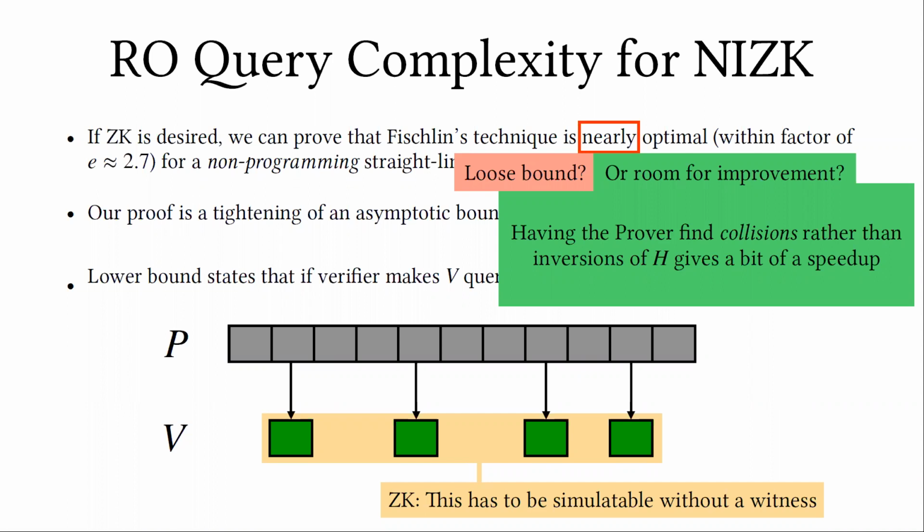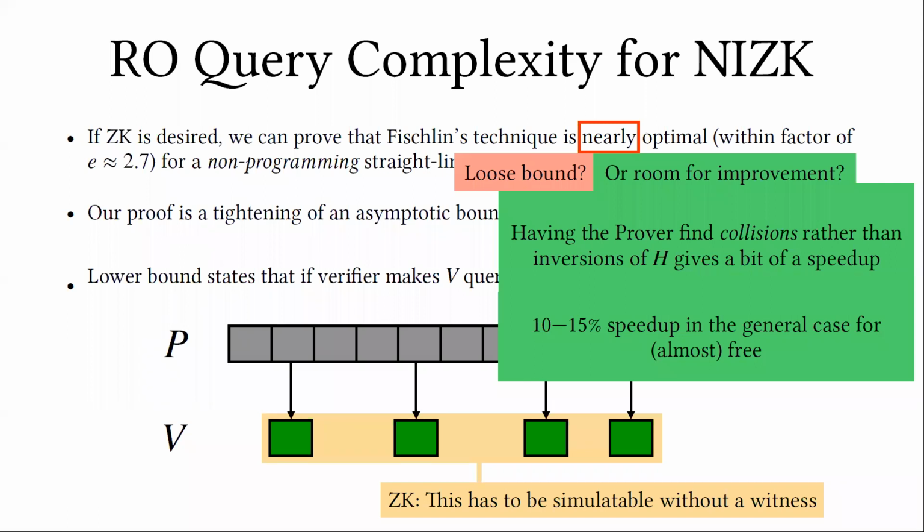Instead, we consider a different proof of work problem, which is finding collisions of a hash function. It turns out this has some nice combinatorial properties that give general improvements. Empirically, we get 10 to 15% faster solving of the same proof of work at the same difficulty level, for interesting parameters.